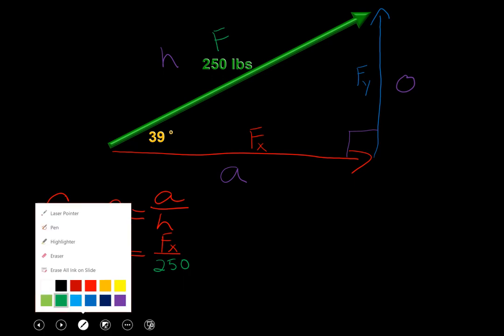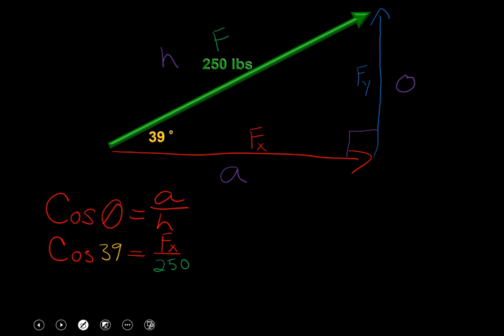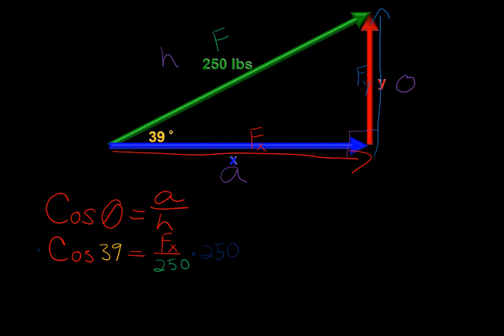We were trying to get our F of x by itself, because that's what we're looking for. This is being divided. The opposite of divide is multiply. And what you do to one side, you have to do to the other.